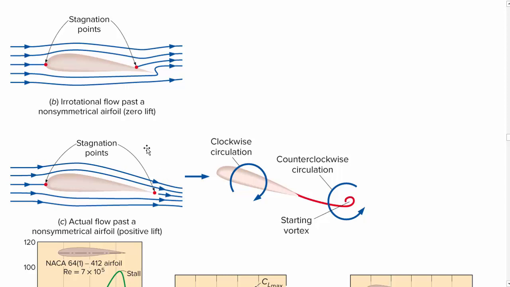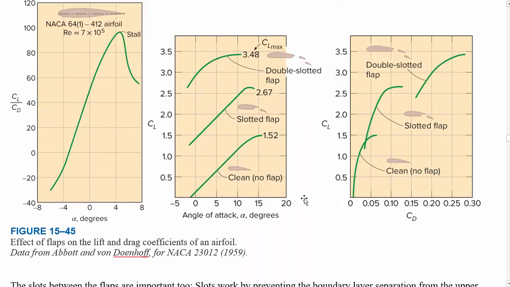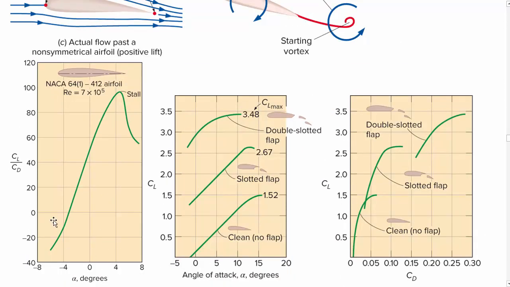So if you want to get a true answer, then you really have to do some experiments or some pretty complicated CFD. Anyway, looking at the sort of plots that we have of lift coefficient relative to drag coefficient, and then lift coefficient on its own for various types of airfoils, we can still do some calculations with this and make some generalizations to help our understanding.